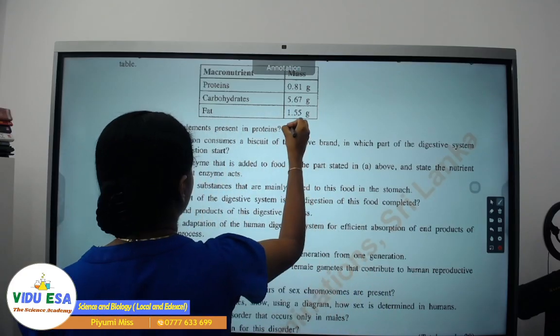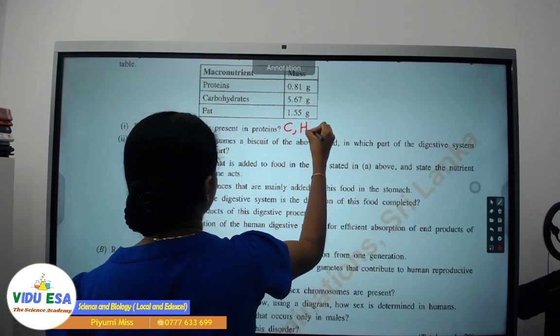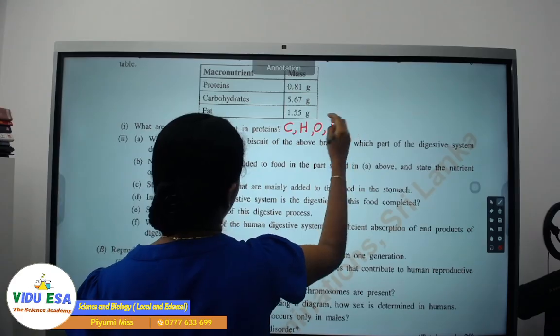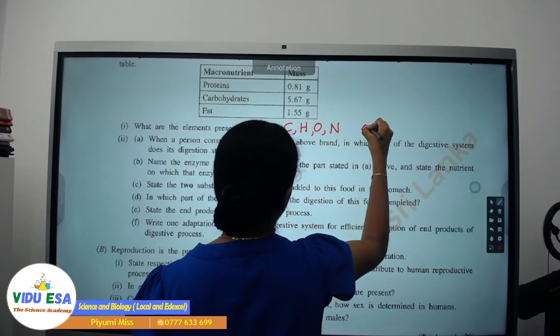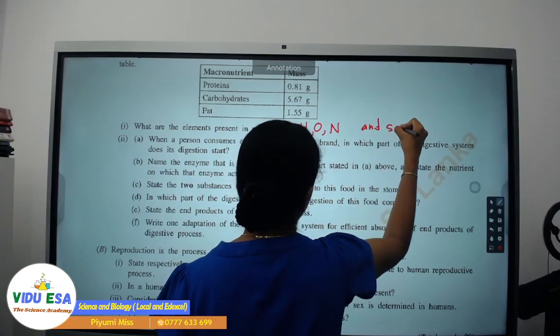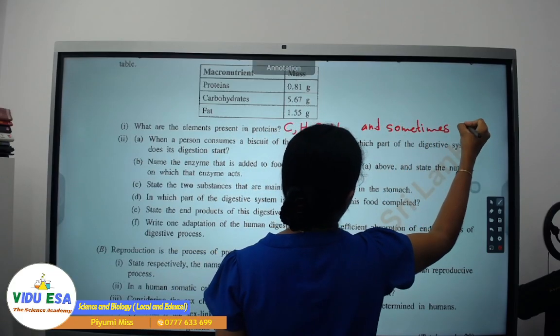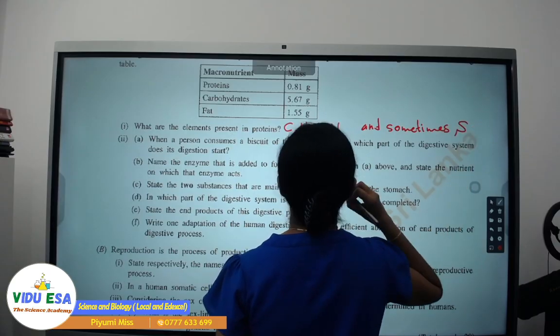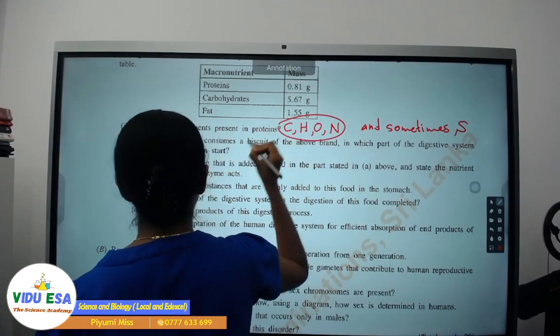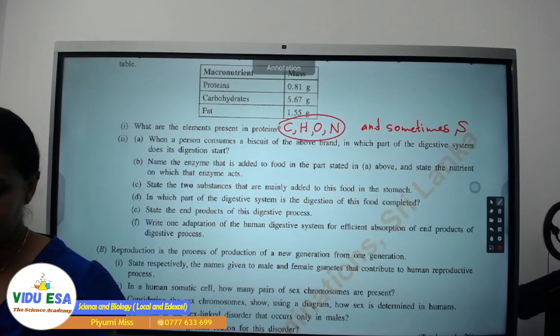Yes, you have definitely mentioned carbon, hydrogen, oxygen and nitrogen. These 4 are compulsory, and you can say, and sometimes sulfur. And sometimes in some of the amino acids we find sulfur. So these 4 are essential. If you have mentioned these 4, you will get 1 mark.